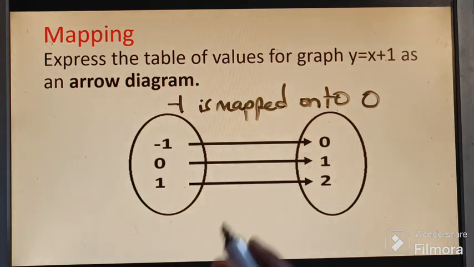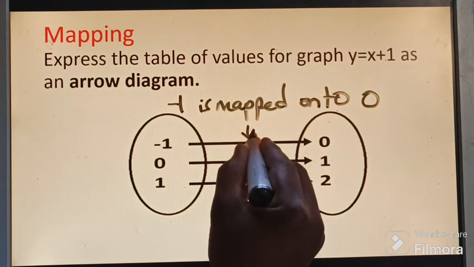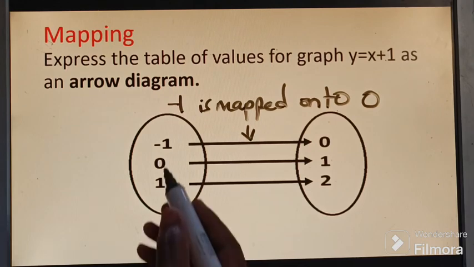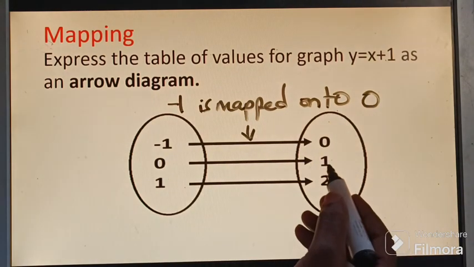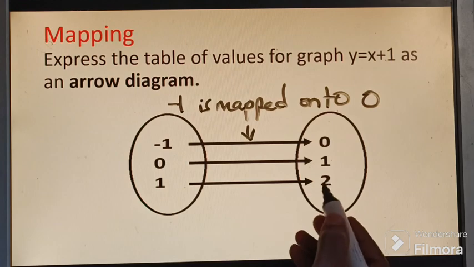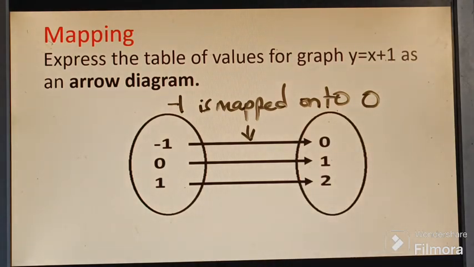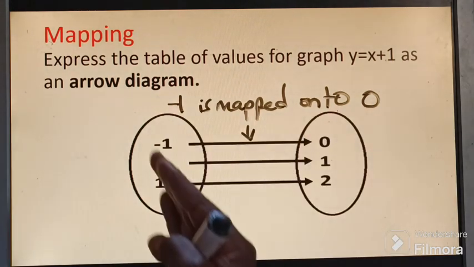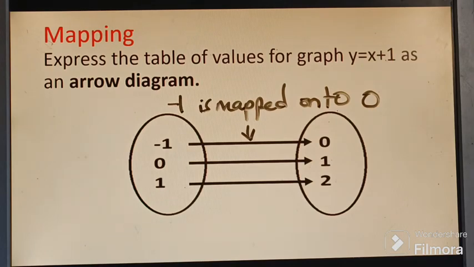So the arrow is saying that 0 is mapped onto 1, 1 is mapped onto 2, like that. So this is what we call mapping.